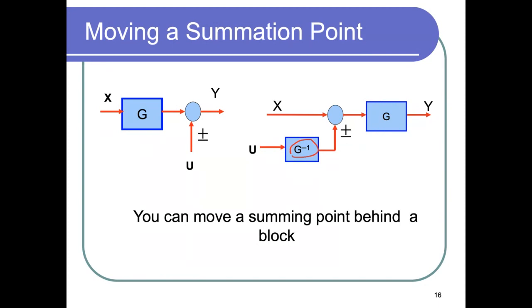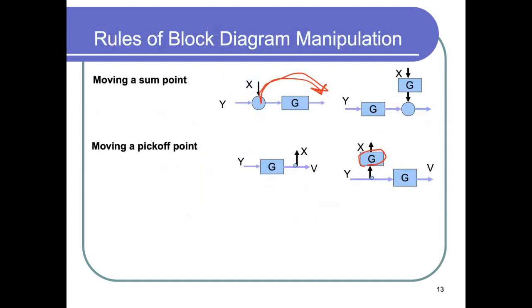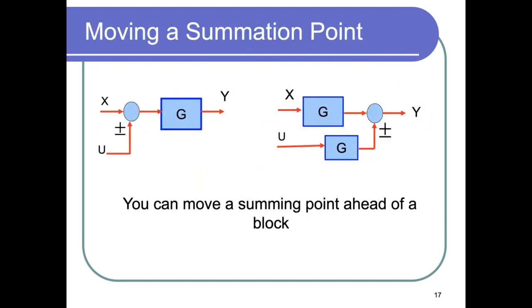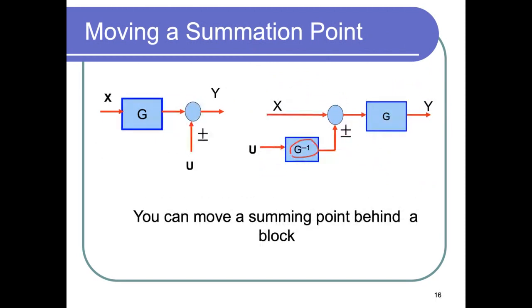So this is the same as what we did just now. But here we're moving it afterwards, so we're multiplying by G. Now if I want to move it back, then I need to take the inverse of that. So multiply this guy by G inverse, so it will cancel out. So it's the same thing, but represented differently. So you can move a summation node to before the block, and you just multiply by G inverse.